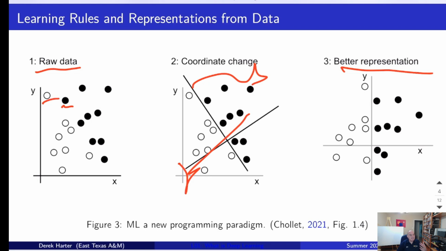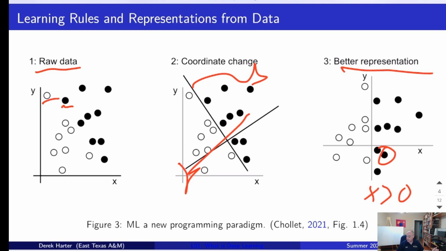We think of those in this class as a set of tensor transformations to take the original raw data and come up with a better representation. Right. So once you have a better representation, usually your rule becomes much easier, becomes trivial. So like in this case, the rule is that after these transformations, anything for the feature when x is greater than 0, we should classify as a black class.